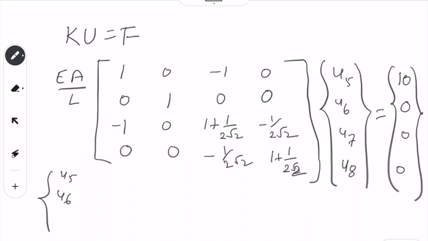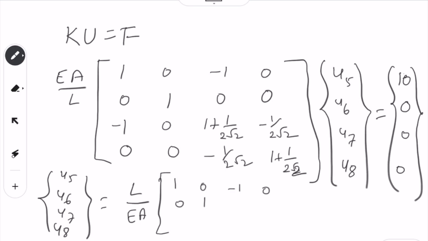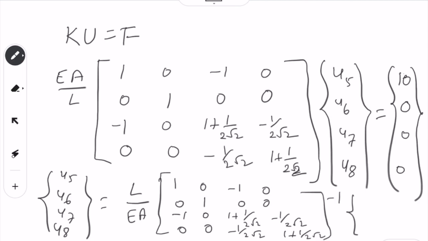So, simply you can say now u5, u6, u7, u8 will be equal to L over EA, and then invert it, 1 0 minus 1 0, 0 1 0 0, minus 1 0, 1 plus 1 over 2 root 2, minus 1 over 2 root 2, 0 0 minus 1 over 2 root 2, 1 plus 1 over 2 root 2, and invert it, multiplied by 10 0 0 0, will be the answer.